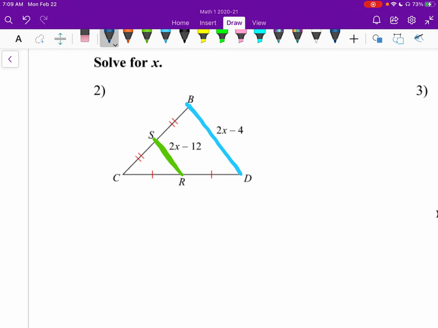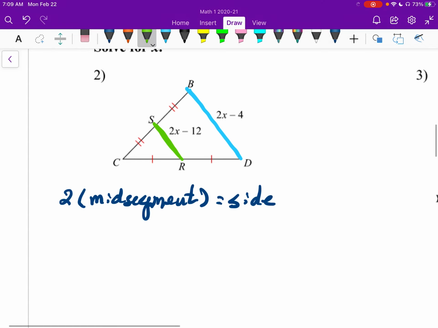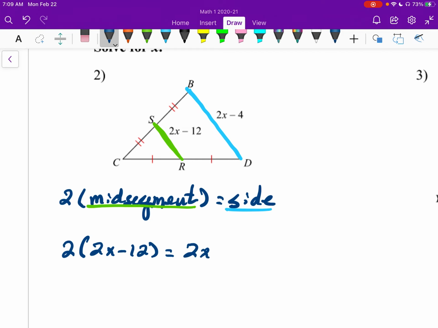We know that 2 times our midsegment is our side. So this is 2 times the green piece is the blue piece. So I'll say, well, 2, and don't forget your parentheses, 2x minus 12 is 2x minus 4.